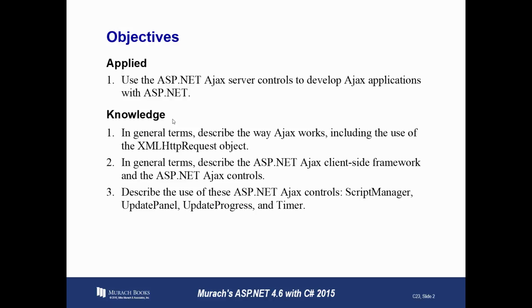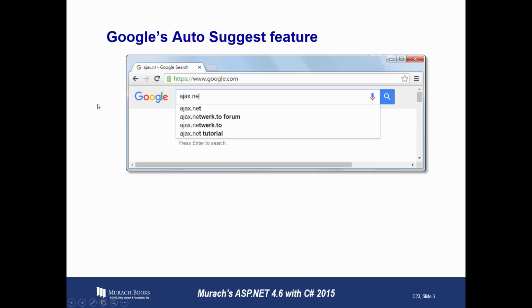In general terms, describe the way AJAX works, including the use of the XML HTTP request object. In general terms, describe the ASP.NET AJAX client-side framework and the ASP.NET AJAX controls. And finally, describe the use of the AJAX script manager, update panel, update progress, and timer controls.